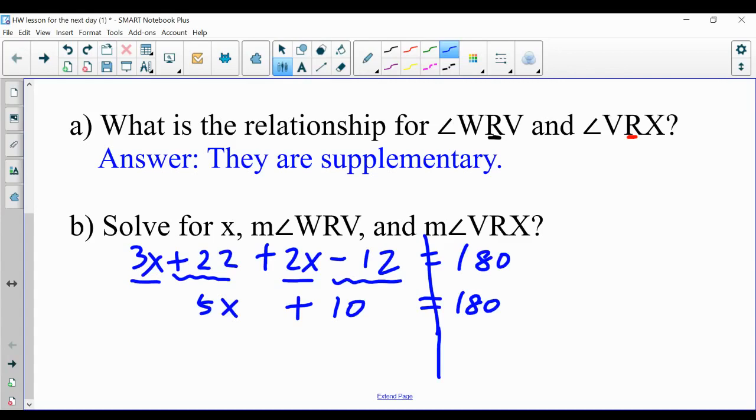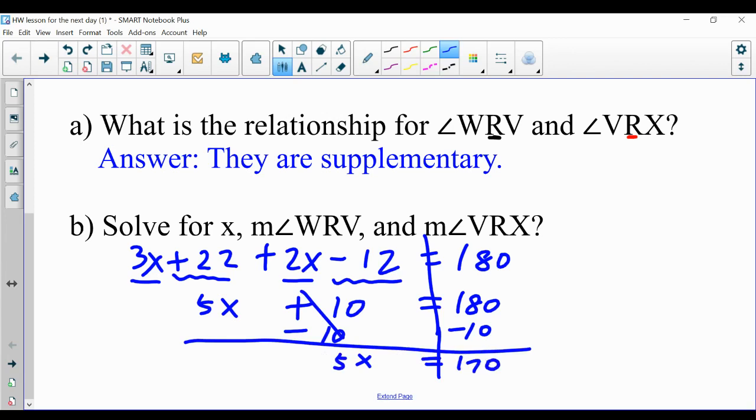Now we have a two-step equation. 5x are couples, best friends. Okay, we don't want the 10 there. So you're doing the opposite of addition of 10, it means we do subtraction of 10. You subtract 10 at both sides. Cancel out. So now we have 5x equal to 180 minus 10, which is 170.